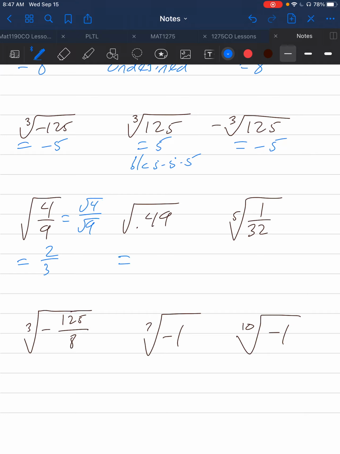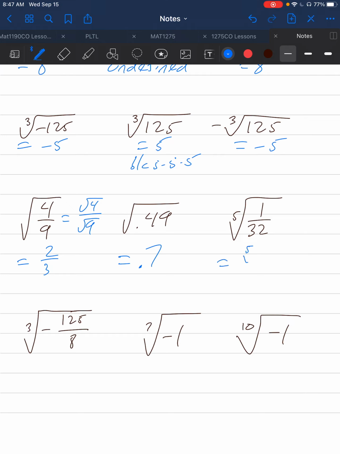The square root of a decimal number, you can use a calculator for this, but they work just like regular numbers. Whatever times itself multiplies to 0.49, that's going to be 0.7 in this case.